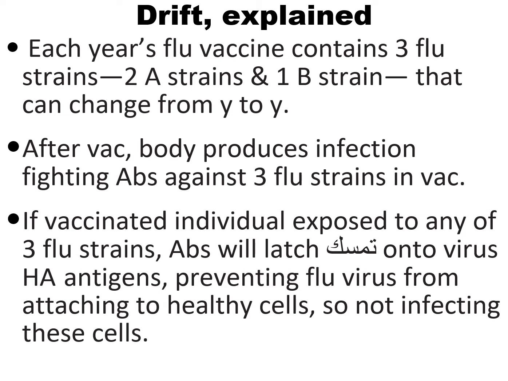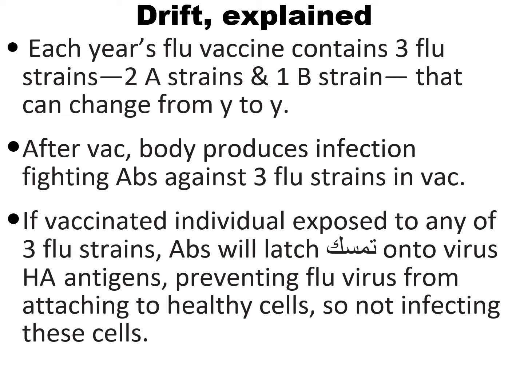Each year's flu vaccine contains 3 flu strains, 2 A strains and 1 B strain that can change from year to year. After vaccination, body produces infection-fighting antibodies against the 3 flu strains in the vaccine. So after vaccine there are 3 antibodies against these 3 strains.